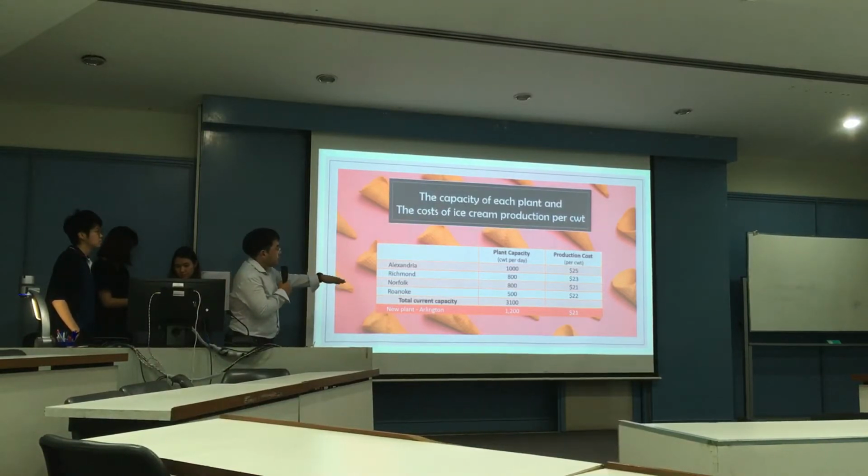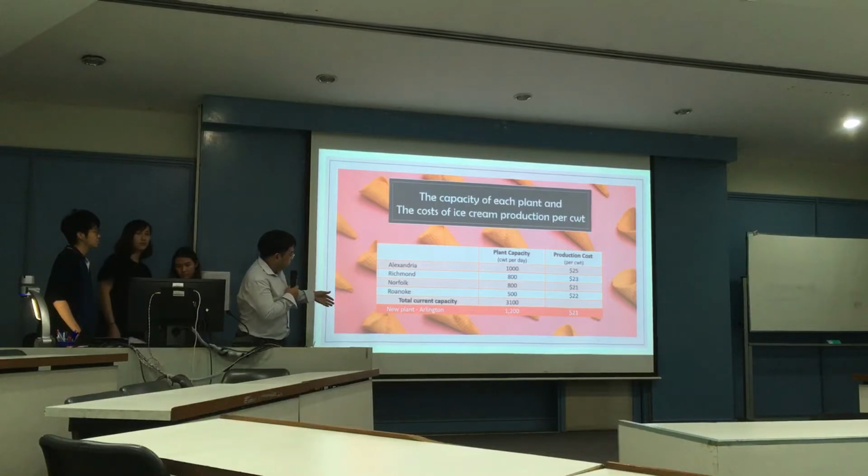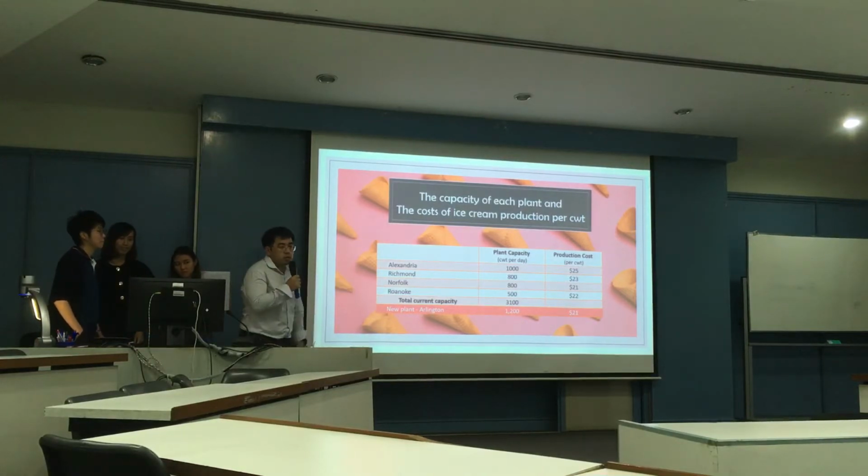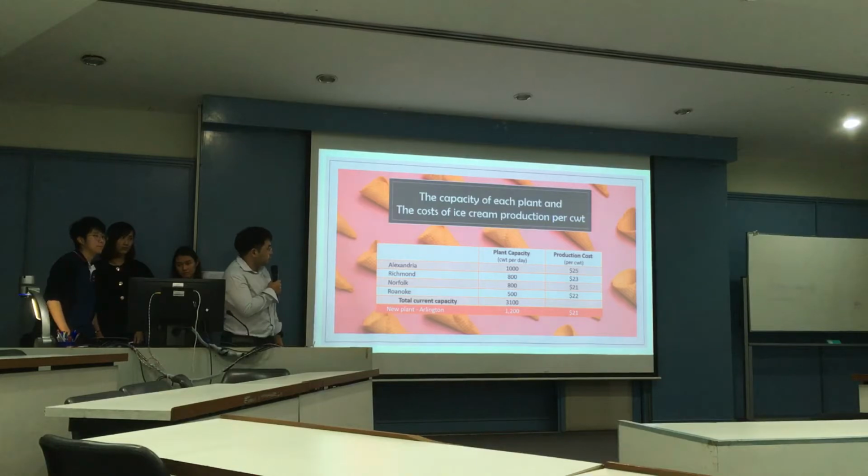In total, plant capacity is 3,100. The company is considering building a new plant in Arlington, which would have a maximum capacity of 1,200. But in the current situation, the demand is about 2,250 hundredweight.